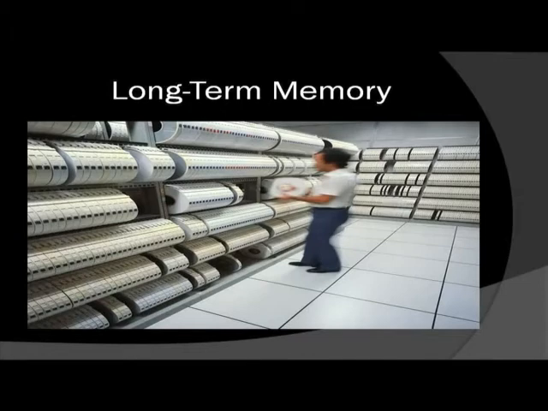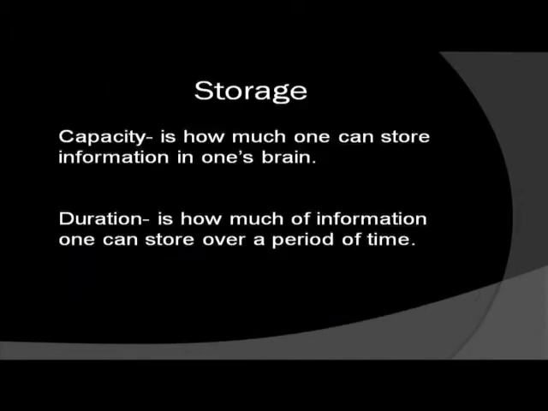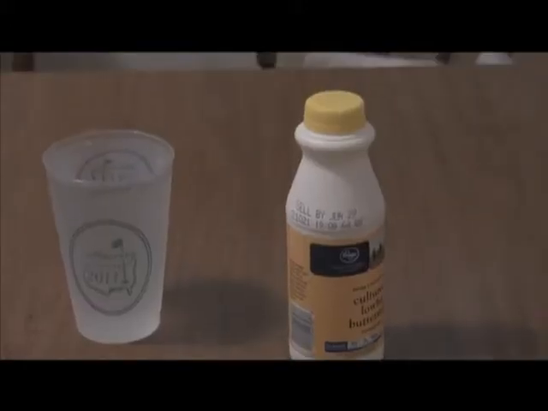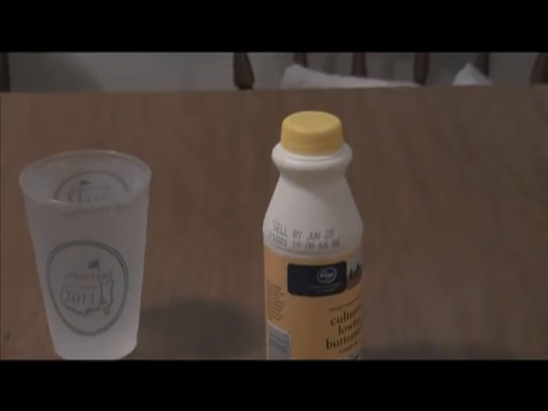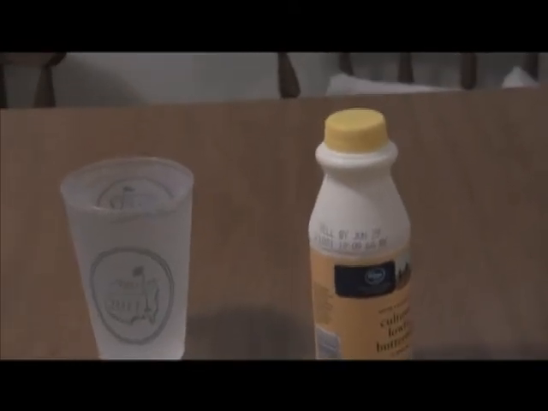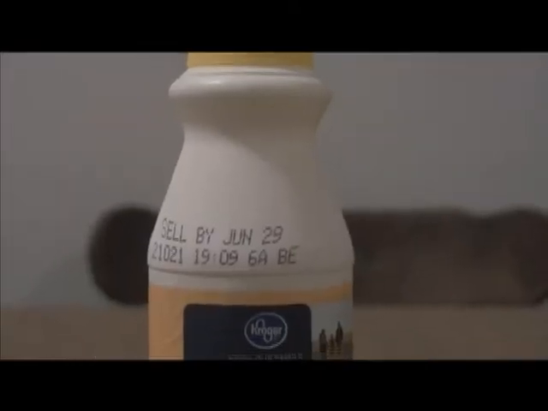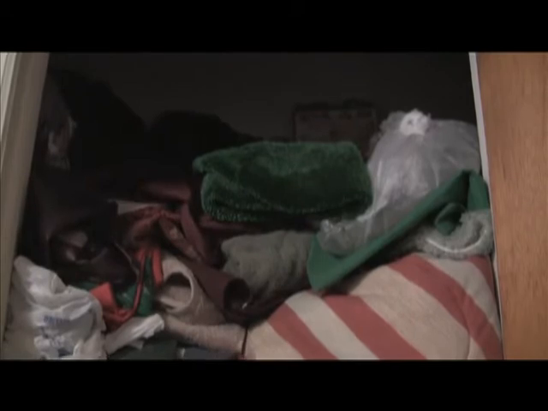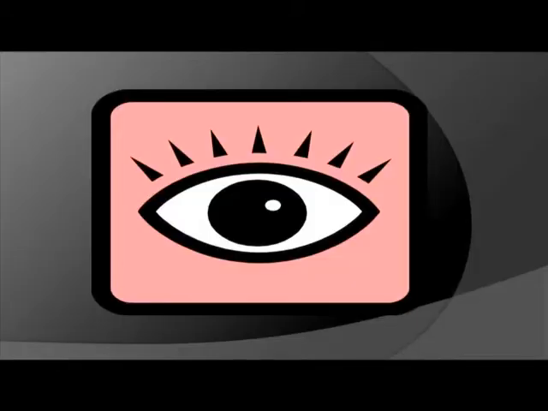For each stage of memory, we can examine the capacity and duration. The capacity refers to how many items can be held in memory, and the duration refers to how long that information can be maintained by that memory system. This video will focus on sensory memory, and in particular, iconic storage.